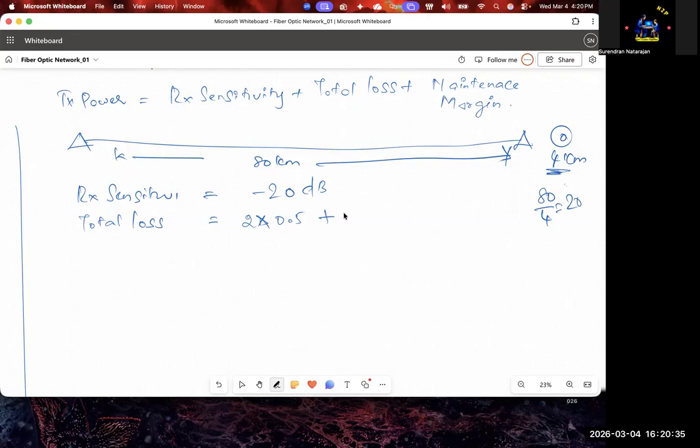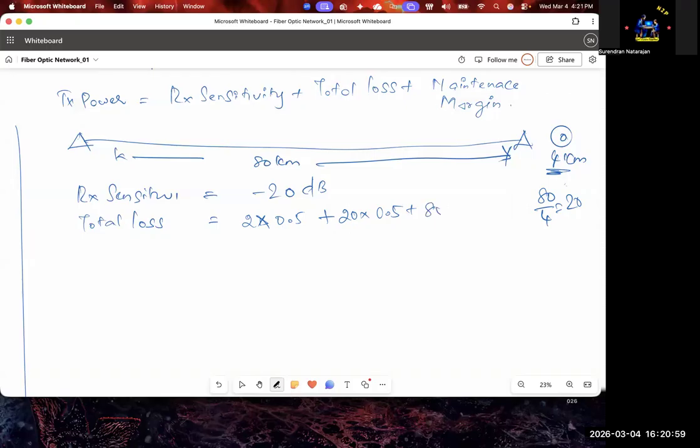Okay, so 20 splice points. 20 into what is the splice loss value? 0.5. Plus, what else is there? We need to find out.